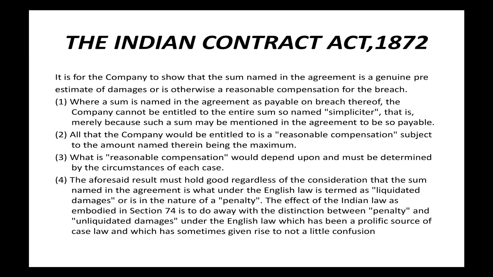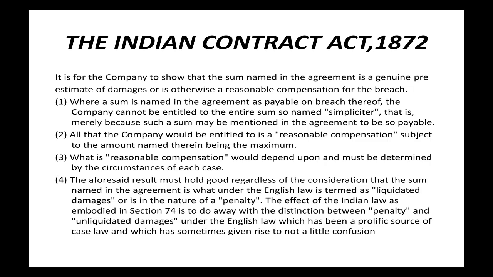What is reasonable depends on the facts and circumstances of the case. So here, the aforesaid result must hold good regardless of the consideration that the sum named in the agreement is, under English law, termed as liquidated damages or in the nature of a penalty. That has to be decided, and that's why it is incorporated.